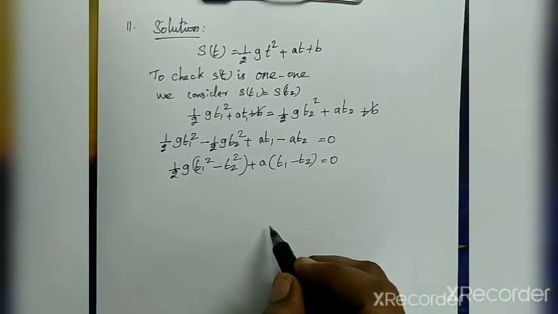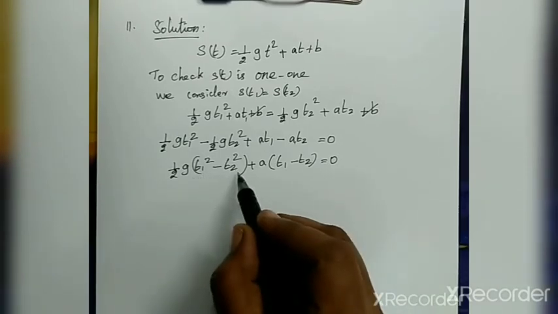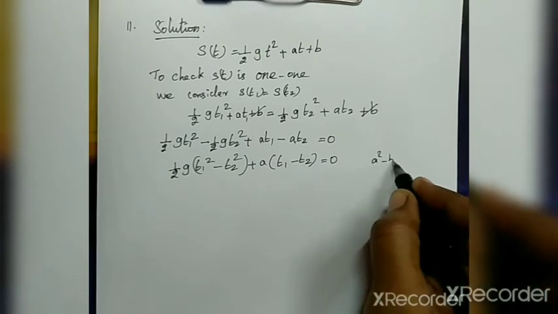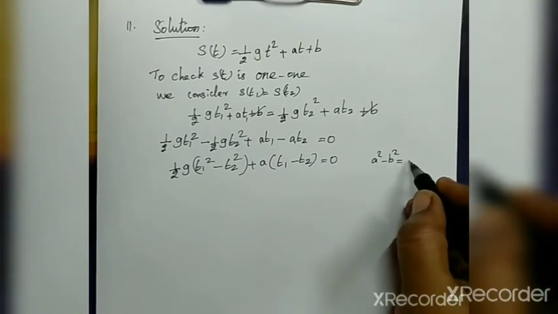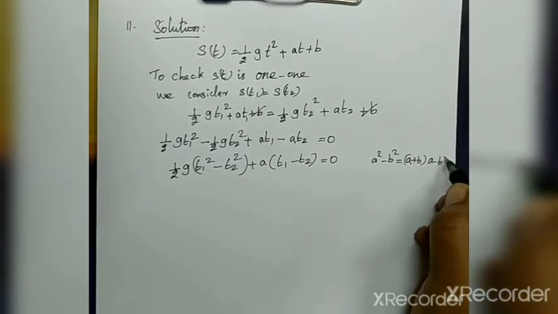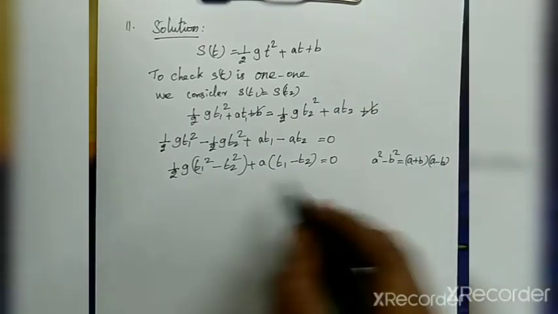which is equal to 0. Now see this, we remember a formula. What is the formula of a square minus b square? a plus b into a minus b, isn't it? So we are going to expand this using this formula.